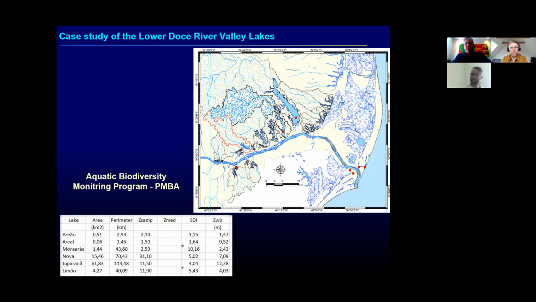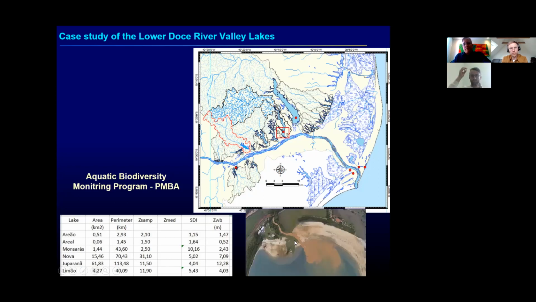We have been working with 6 lakes: 3 lakes in the alluvial plain, like Lake Paraná, this big one here with almost 62 square kilometers, Lake Nova with 15 square kilometers, and Lake Limão, which is 4.2 square kilometers of surface; and 3 lakes in the coastal plain, which are very small and shallow, like Areal and Monsaraz. Monsaraz is actually a lagoon.